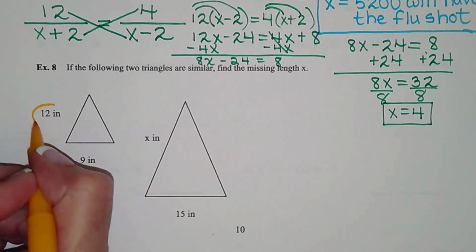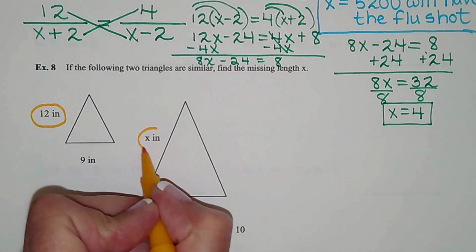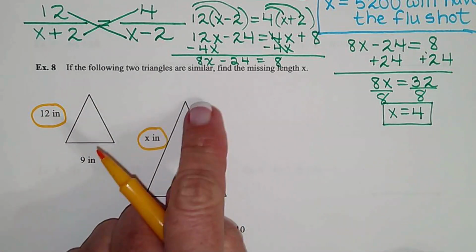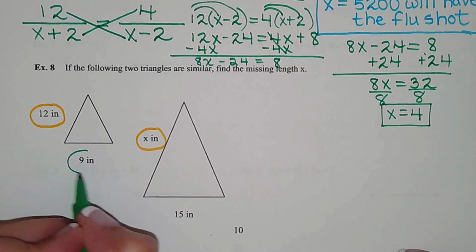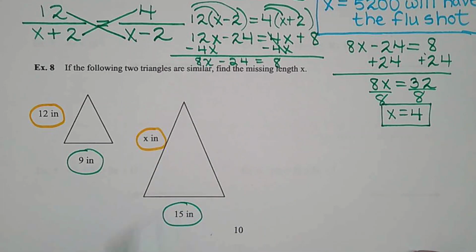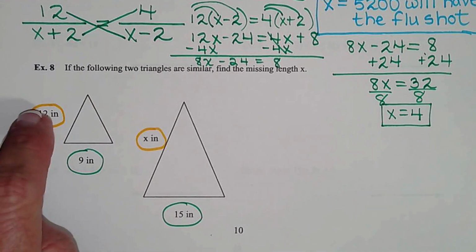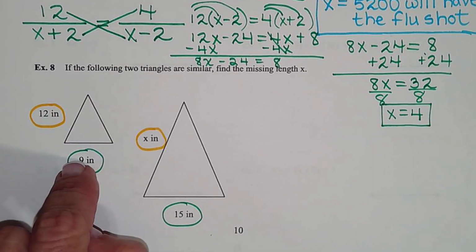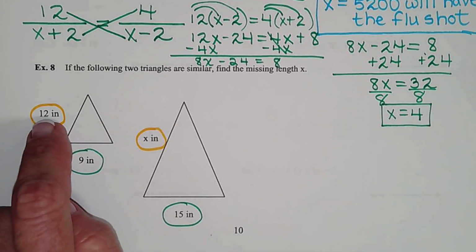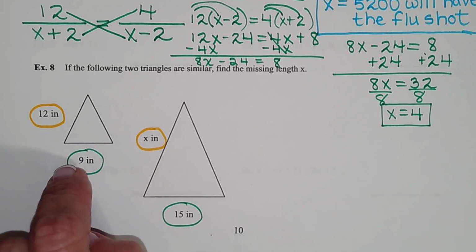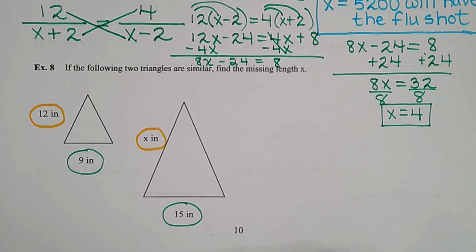So this side corresponds with this side. That means they're in the same location. And this side corresponds with this side. So there's two different ways you can do this. You can do left side to base equals left side to base, or you can do left over right equals left over right.